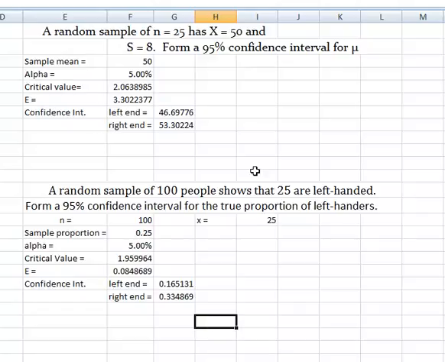So be careful with the confidence interval for the mean. In that example, because we don't know the population standard deviation, we use the critical value from T.INV. If we know the population standard deviation, then the critical value will come from the Z distribution. So any questions?